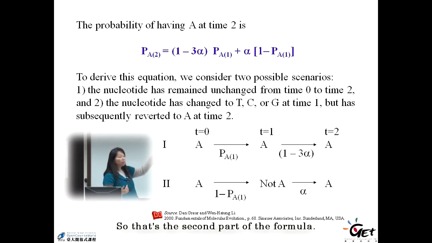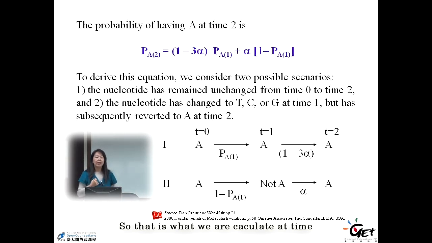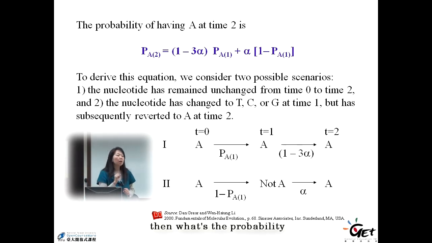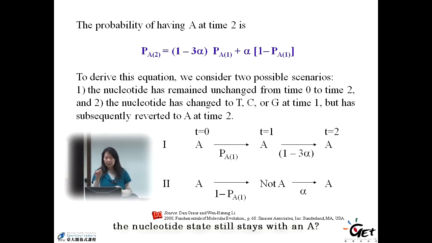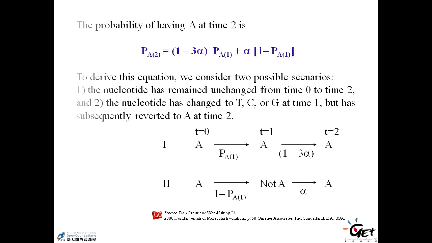So the second part is alpha times 1 minus P_A(1). That's what we are calculating: at time equals 2, what's the probability the nucleotide still stays an A?